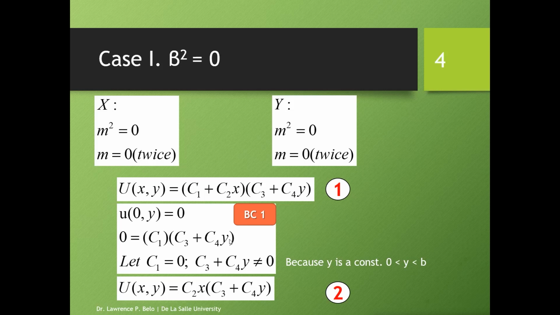Do you understand, guys? That C3 plus C4y can never be 0 is what we're proving here. Why can it not be 0? Because y is never 0. So if our C1 is 0, look back at equation 1, only C2x remains. So our equation could be reduced to C2x times C3 plus C4y. Let's call it equation number 2.